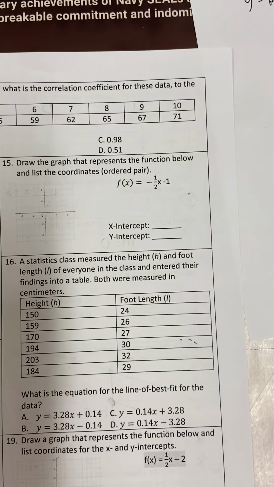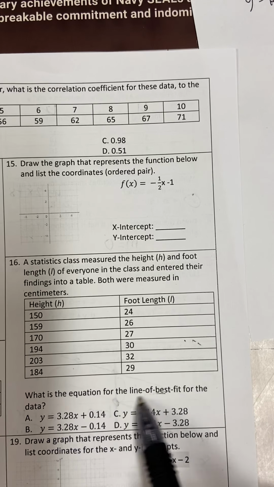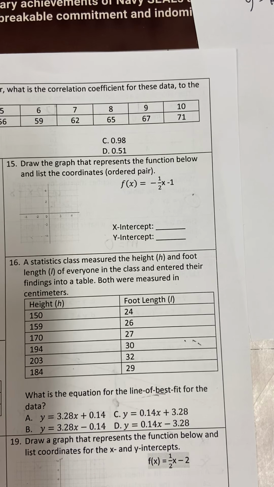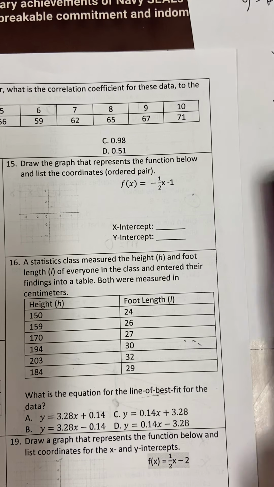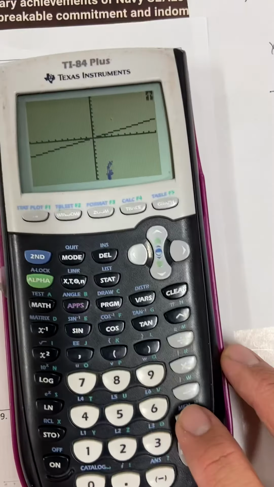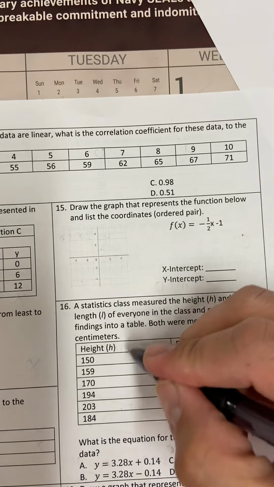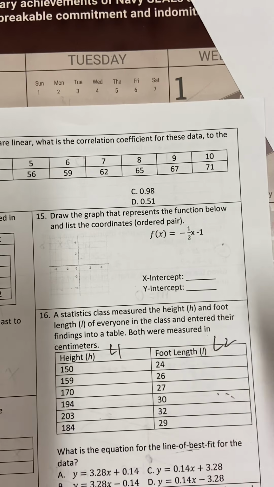Number 16. Every time you're asked to find the line of best fit or an equation, you're going to use the stat function, like what we did in the previous video. Here you clear the memory by pressing second, plus, 7, 1, 2 on your calculator. Remember, the height is your L1 and this is your L2.